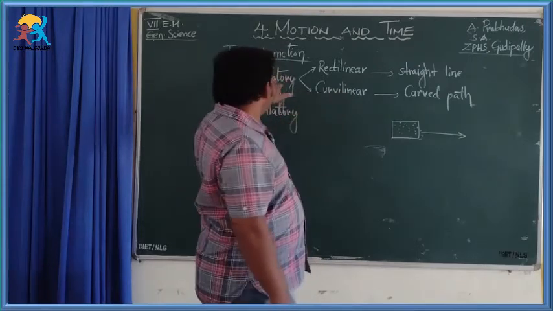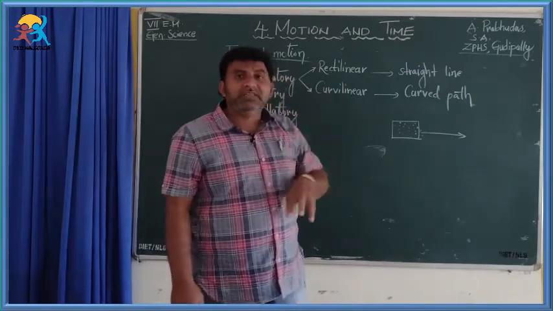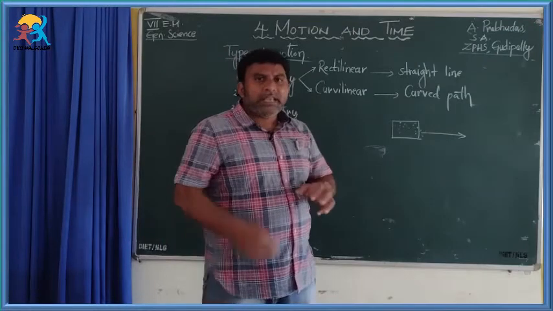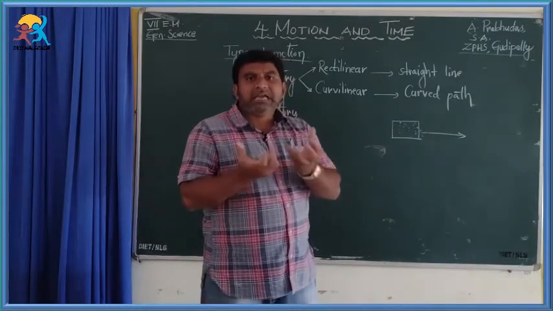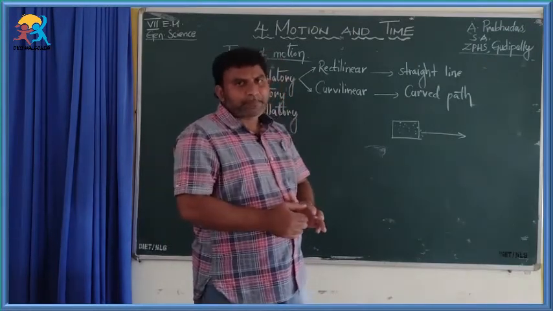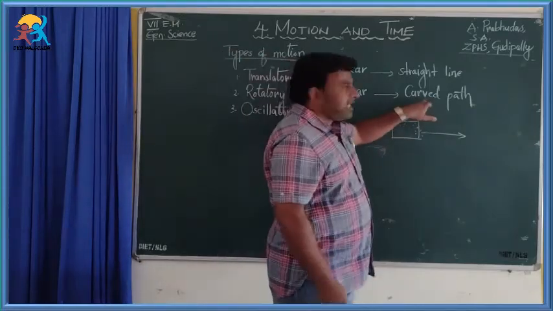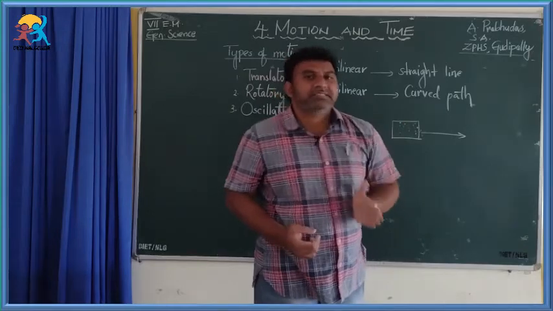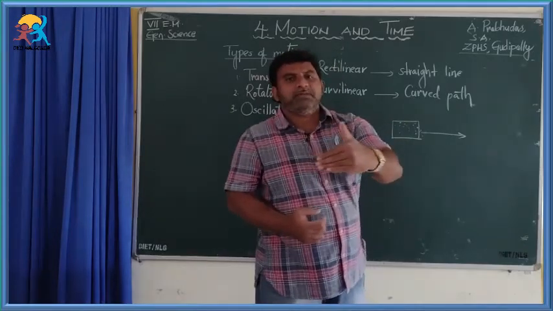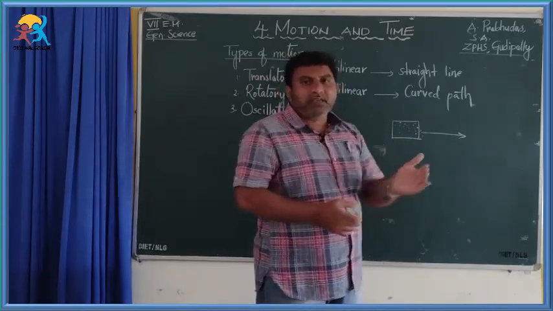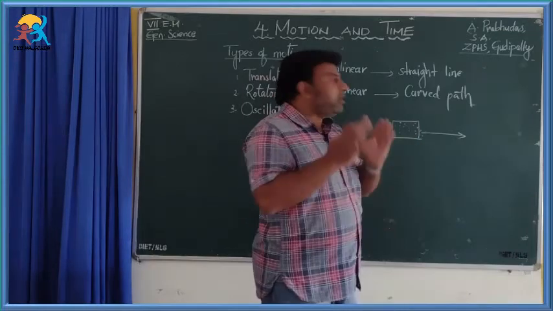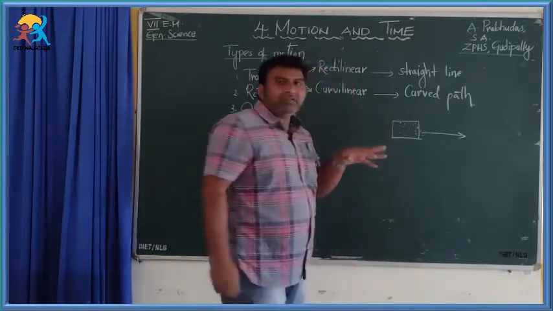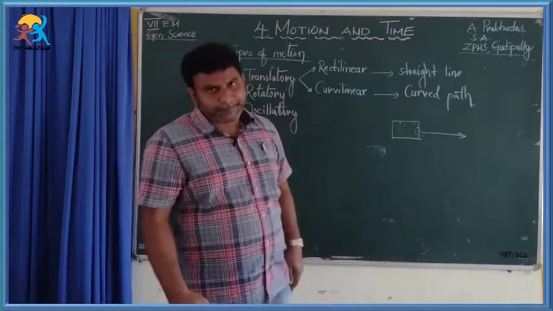Second type of translatory motion is curvilinear motion. An object is said to have curvilinear motion if it travels along a curved path, not straight path, curved path. So, an object moving along a curved path will always have curvilinear motion.